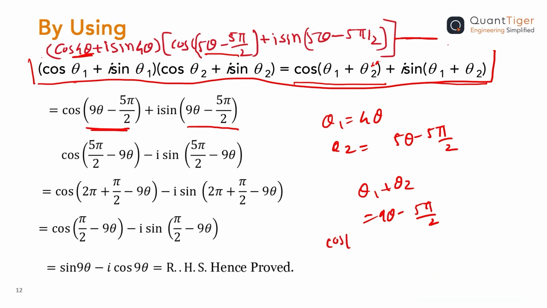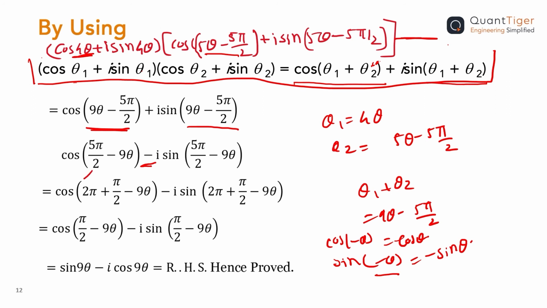We know that cos of minus theta is equal to cos theta, and sin of minus theta is equal to minus sin theta. We will just use this relation, and we can write it like cos of 5 pi by 2 minus 9 theta, and minus because sin of minus theta is equal to minus sin theta. So that's why the sign here has been changed, because sin of minus theta will be minus sin theta. So that's the reason.